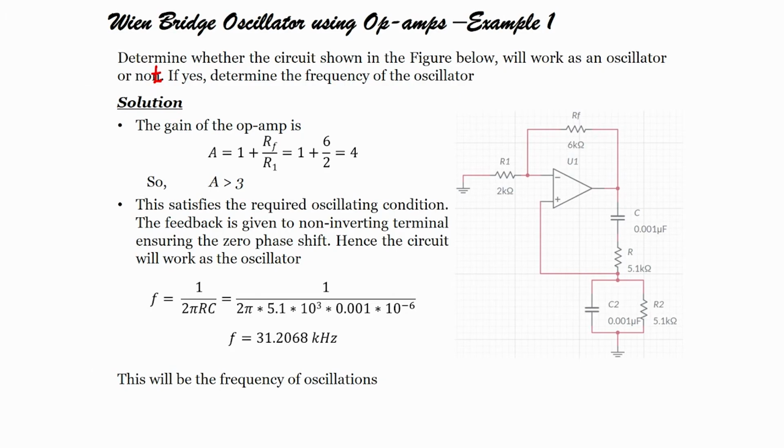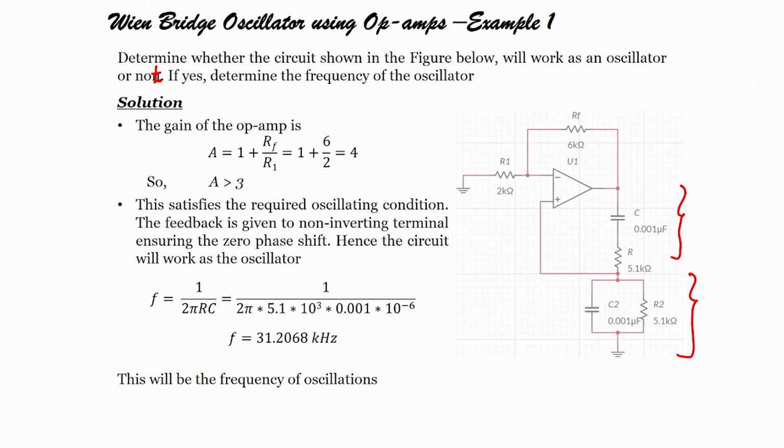Okay, let us see. We have RF and R1 as a non inverting amplifier, we have R and C in series, and R and C in parallel. That means this looks like a Wein bridge oscillator.